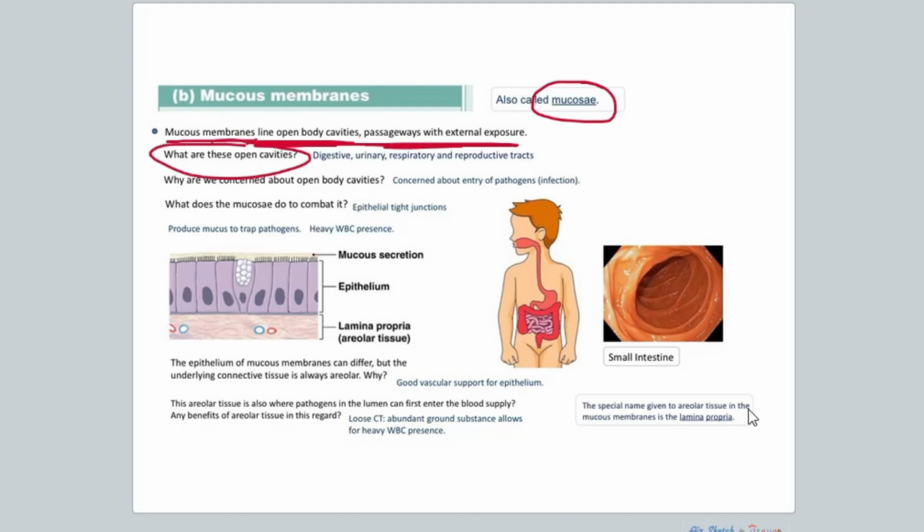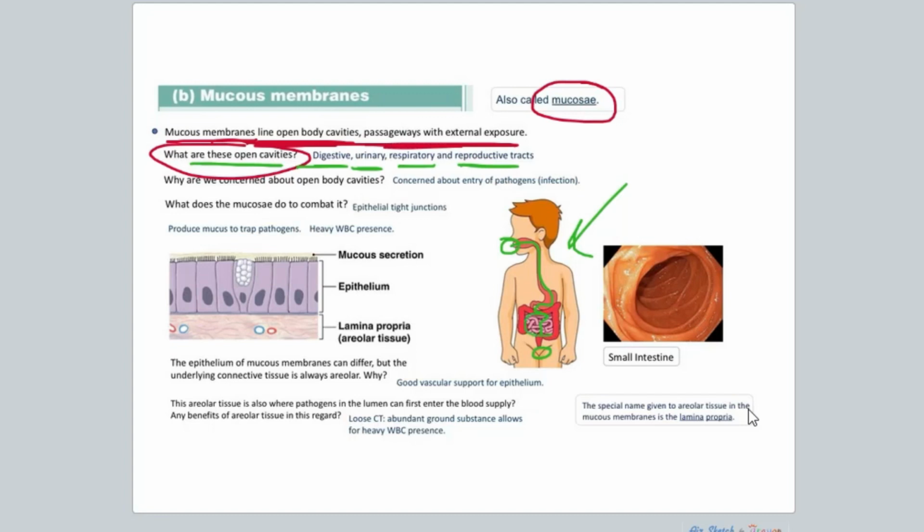Well, by now you know this. The digestive tract, urinary tract, respiratory tract, reproductive tracts. These are all open body cavities, and so they're all lined with mucous membrane. Here we have the digestive tract, and this is a cavity that has external exposure both at the mouth and at the anus down there. So this whole thing is lined by mucous membrane.